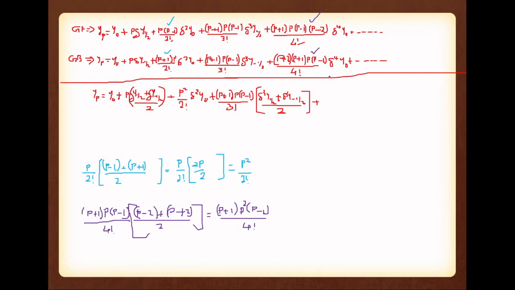So we can write this term as p plus 1 into p square into p minus 1 divided by 4 factorial into theta raised to 4 y0 plus etc. If you are closely watching this equation, you can write the next term, because starting from y0, alternatively we have an average term or a difference term.